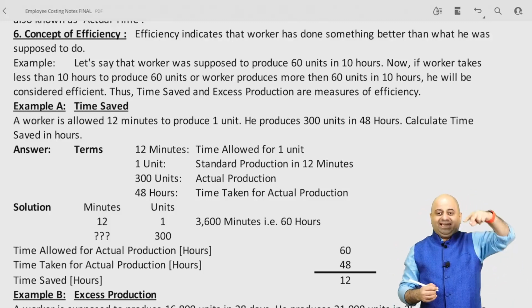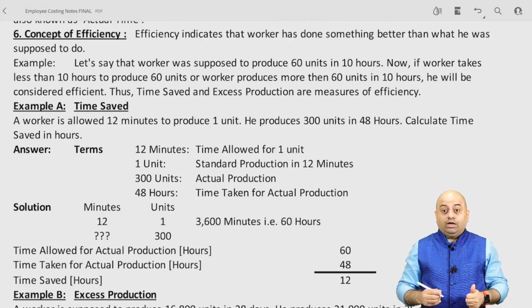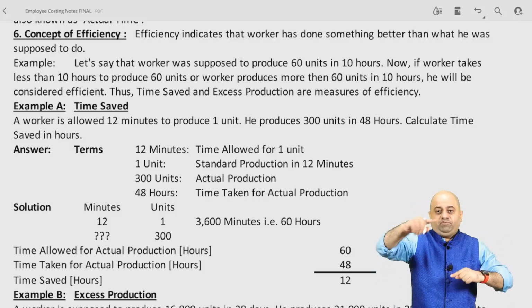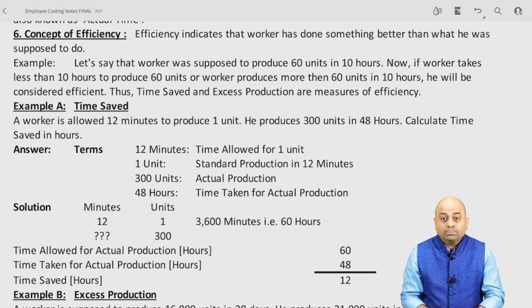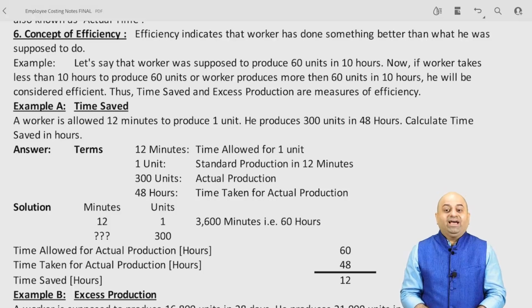So efficiency can be checked in both ways. Either he saves some time or he produces extra. When he saves time, his efficiency is measured in terms of time saved. And when he produces extra, his efficiency can be measured in terms of excess production. Let us understand both of them step by step.